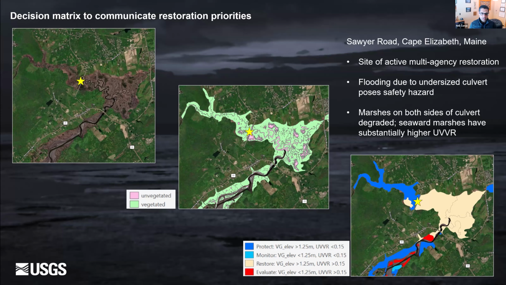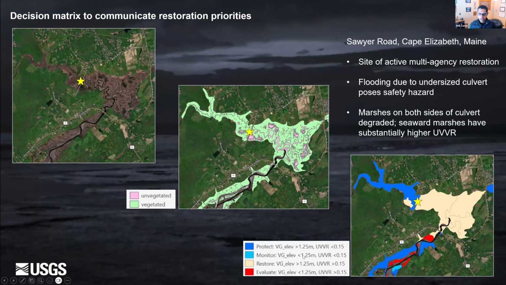When we brought this as an example, the partners were like, yep, we know, we're already working there, and that seems to happen. But the point is that you can then use these data to justify those decisions and use them down the line to make further decisions. So when you look at our data, here are those polygons showing you what's vegetated and what's not vegetated.